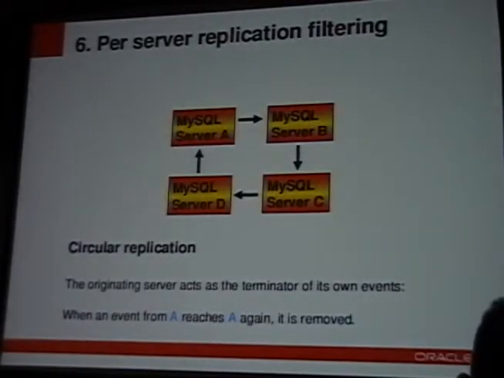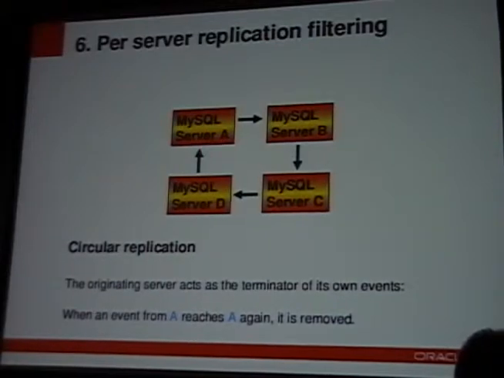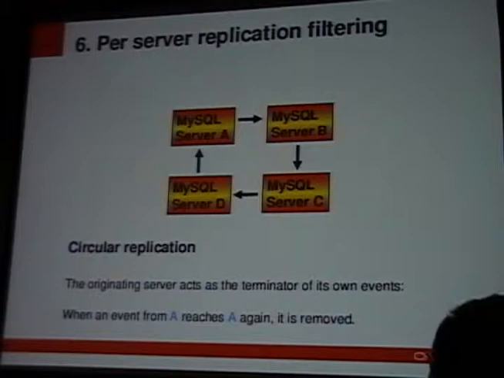There is a per server replication filtering. So if you have a circular setup, then if A produces an event, when it gets back to A, it will automatically be removed, and you will not execute that again on A, because that's the place where it was started.